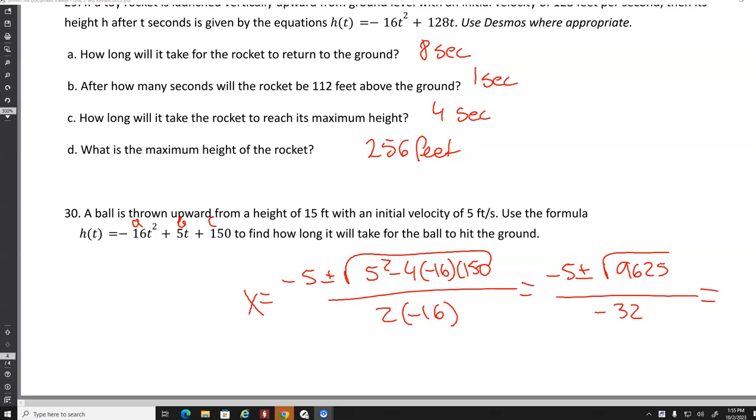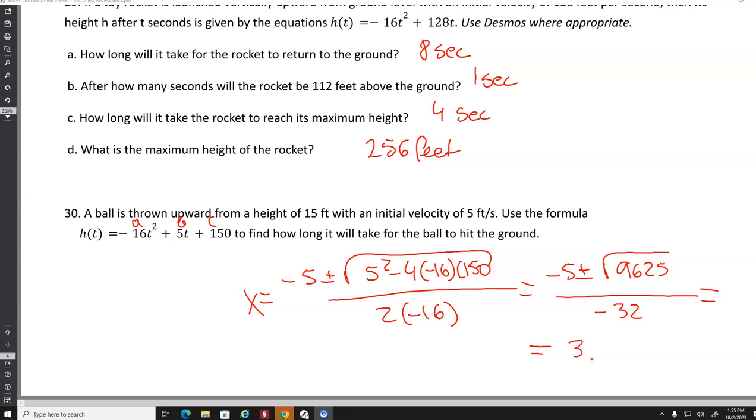Now we're going to take the square root of 9,625, and we get a decimal. We could just put it all in the calculator, and the final answer would give us -5 plus the square root of 9,625 divided by -32.